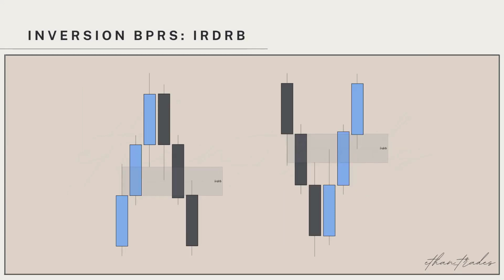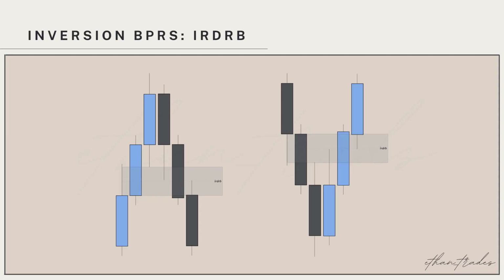Finally, the last inversion I will be talking about is the inversion RDRB, or the inversion redelivered rebalanced. Just as inversion balanced price ranges, personally, I don't prefer to use them very often. In fact, inversion RDRBs I pretty much only use for one function.